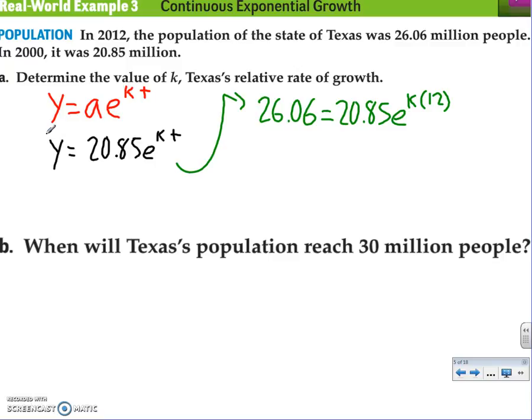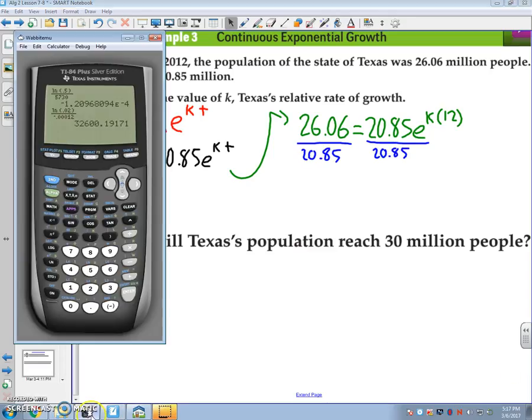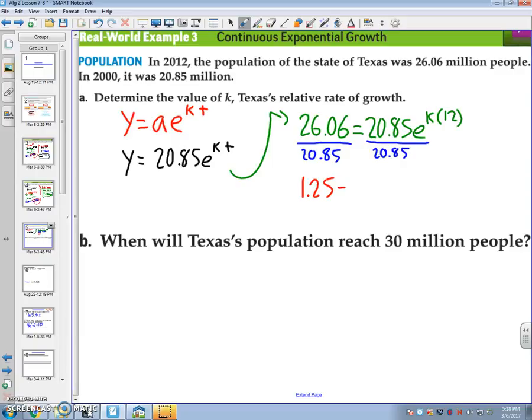I have to get rid of that 20.85 by dividing, and I'll use a calculator for that. 26.06 divided by 20.85, let's just round it to 1.25. So I'm at 1.25 on the left side equals e to the 12k.